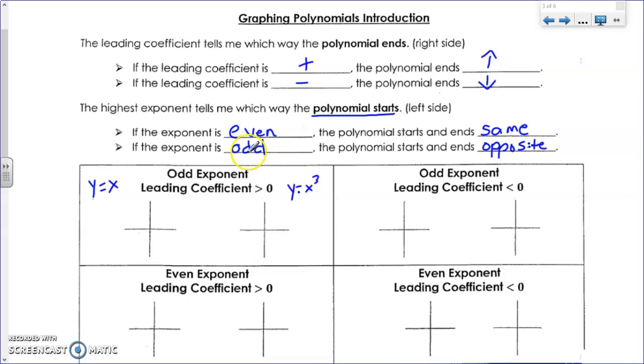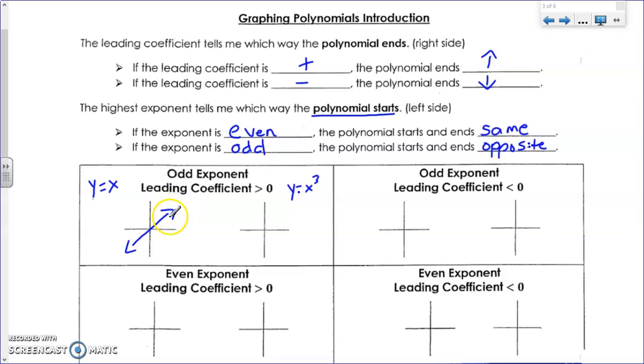Since the odd exponent, that's going to end opposite. So if it ends up, it's going to start down. y equals x is a linear function, so it makes a straight line. So here it started down and ended up.